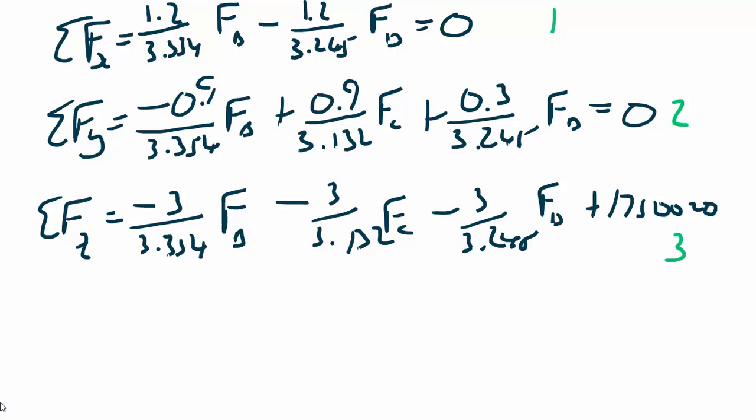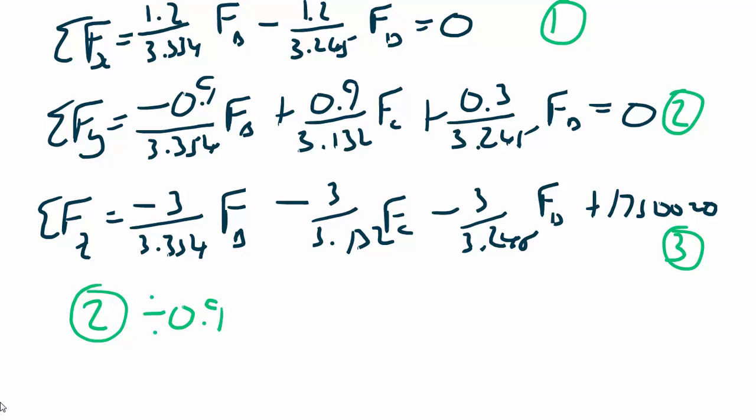I'm going to take equation 2 and divide it by 0.9 and then multiply it by 3. And that will give us the same coefficient on our FC. I'll call that equation 4. You can follow this step by step in the scanned in solution online.